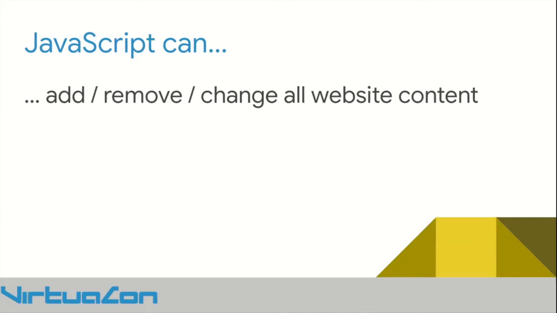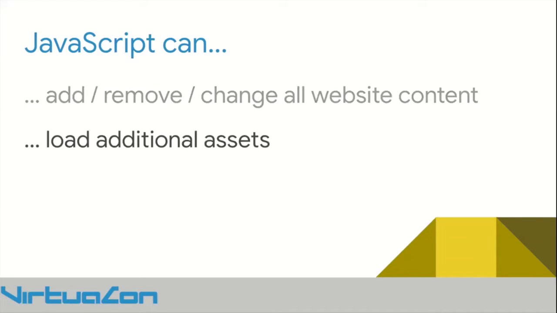It can remove things. You can remove all sorts of tags. You can remove content. You can remove images. You can change things around. You can change the text entirely. You can inject links. You can do all sorts of stuff in JavaScript because you have direct and full access to the document object model that way. You can also load additional assets.